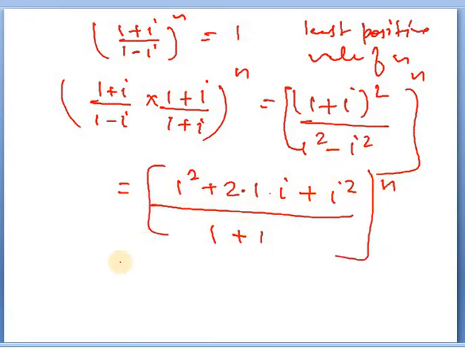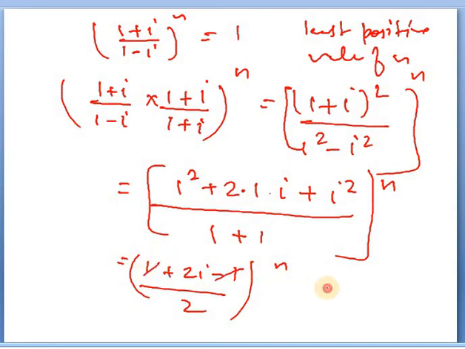So (1 + 2i - 1)/2 raised to power n. Now can we cancel these? We write 2i/2 raised to power n. 2 and 2 get cancelled, i raised to power n.